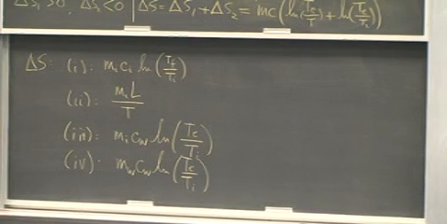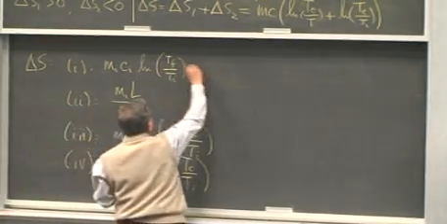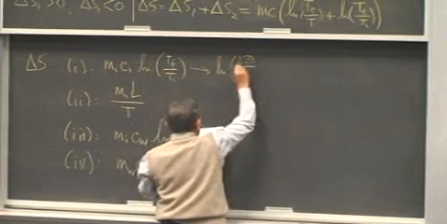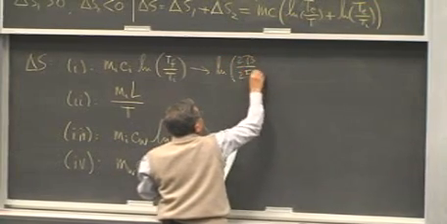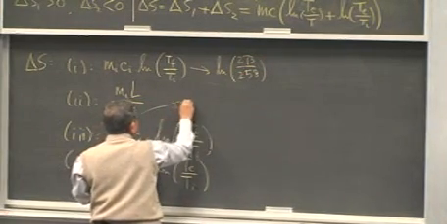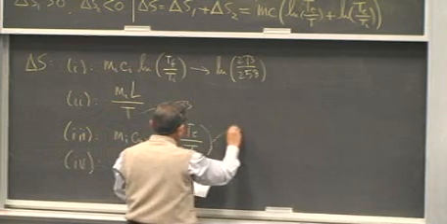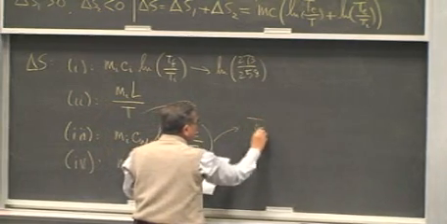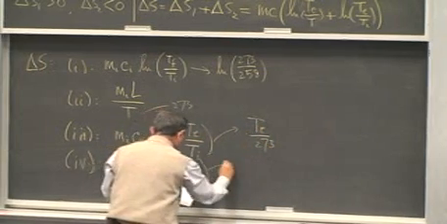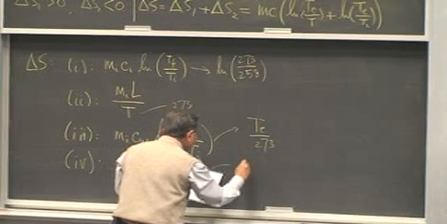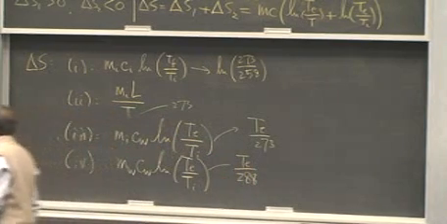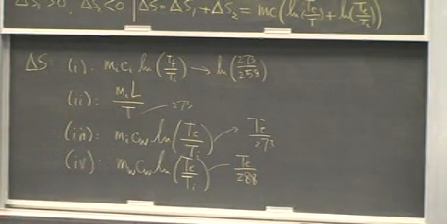I am just writing this as log of 273 divided by 258, just to avoid any confusion. Here this will be 273, and here this will be TE divided by 273, and here this will be TE divided by 288, and TE we have already evaluated.